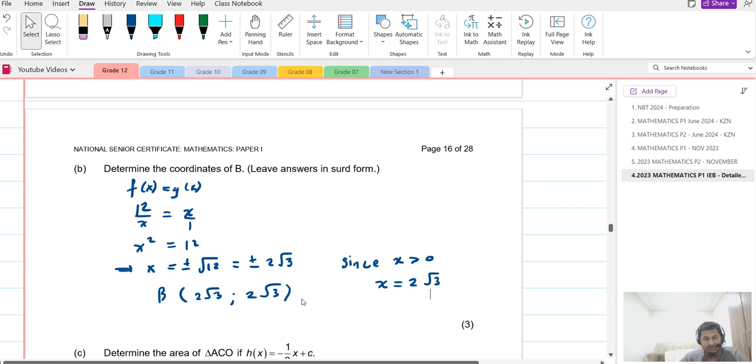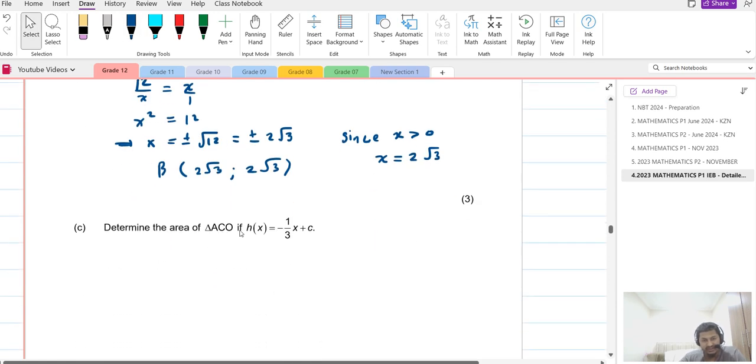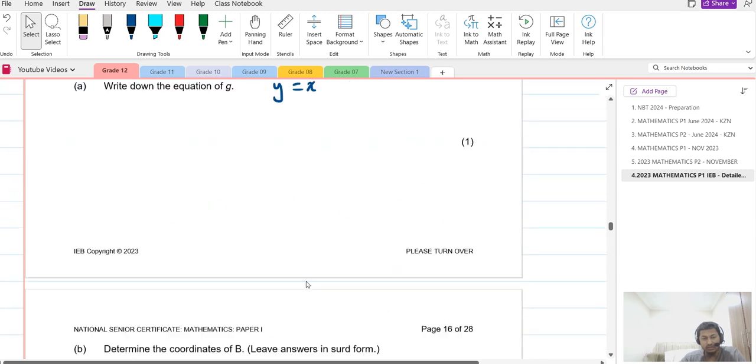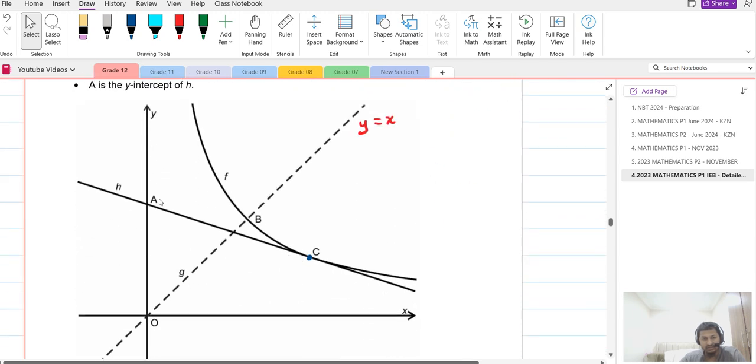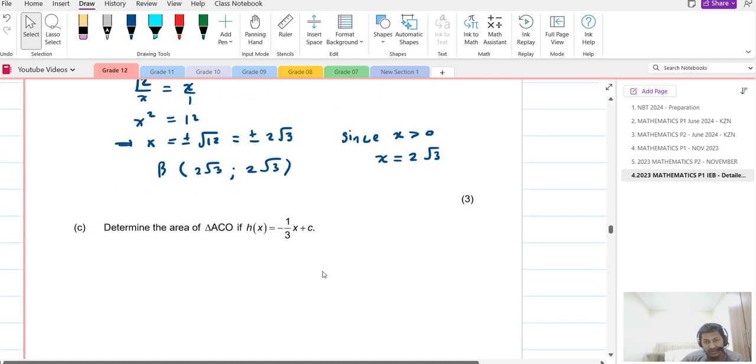Determine the area of triangle ACO. That's 8 marks.